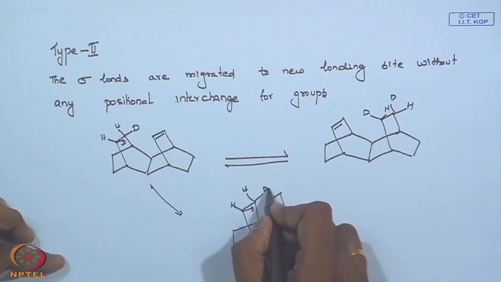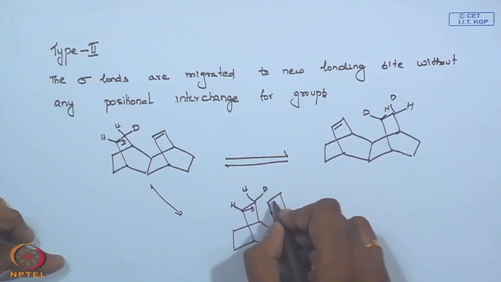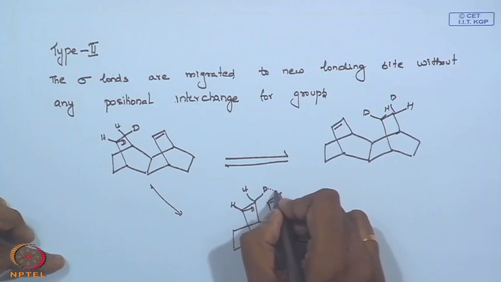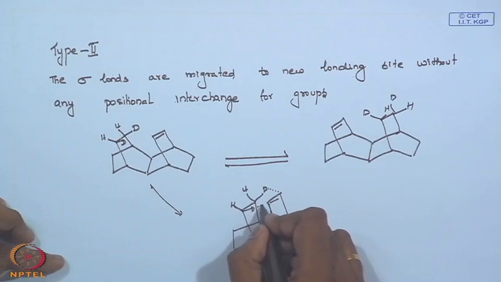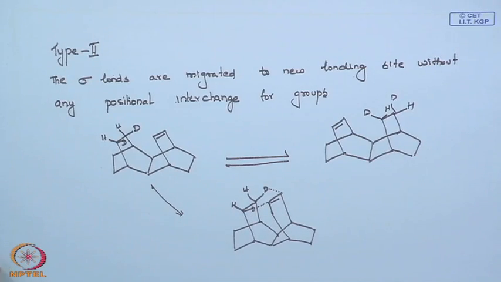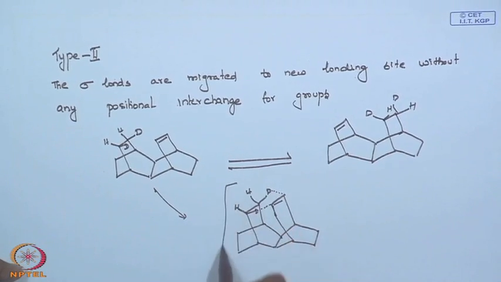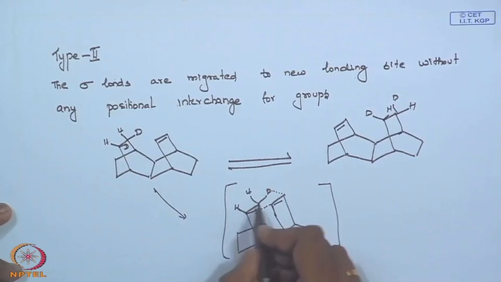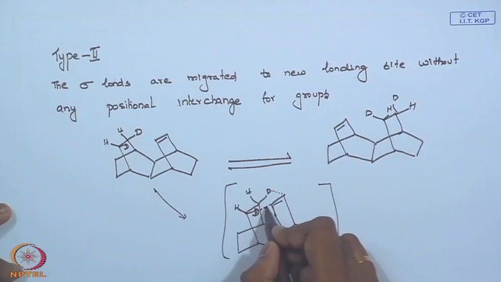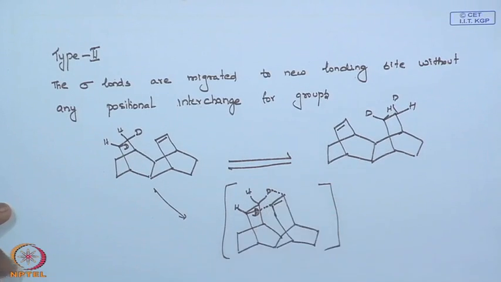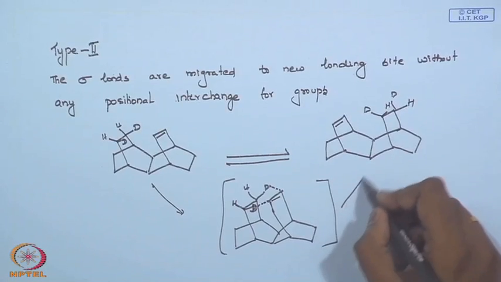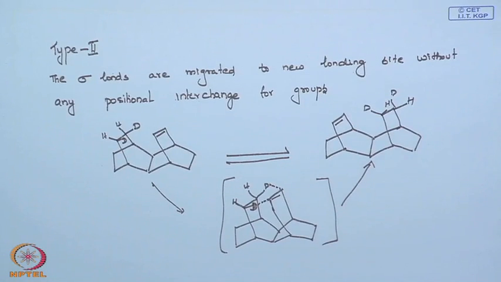This double bond you have here. So this deuterium just moves across. This can be the transition state. This is your deuterium. It just moves across here, and they bend, the deuterium moves in this direction to give you the product. Clear? So this is your type 2.